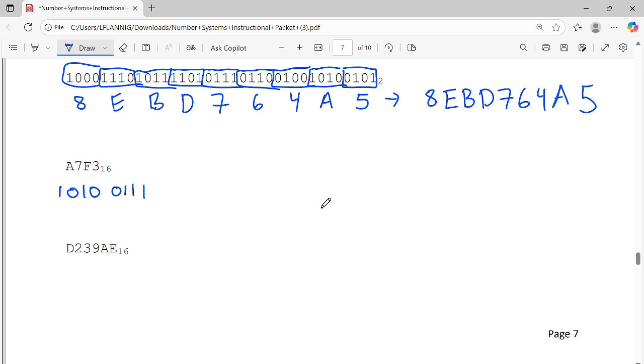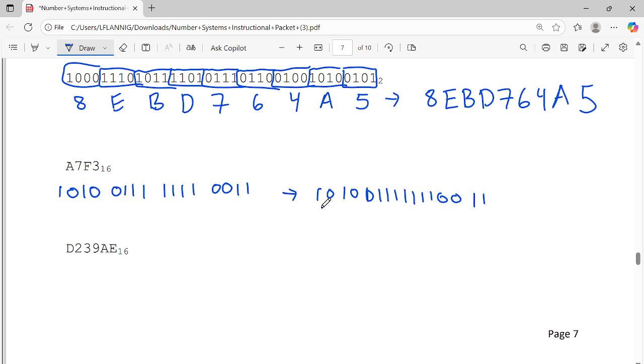The big thing here is you still need to write 4 different numbers for each one, even if it starts with a 0. F is 1, 1, 1, 1, and 3 is 0, 0, 1, 1. So if I were to put this all together, it would be 1, 0, 1, 0, 0, 1, 1, 1, 1, 1, 1, 1, 0, 0, 1, 1.